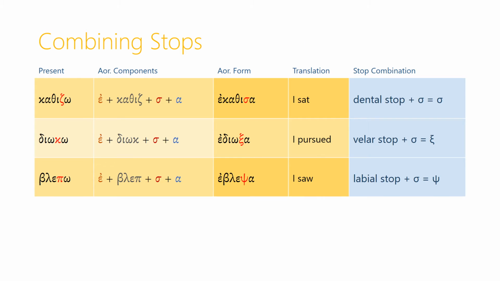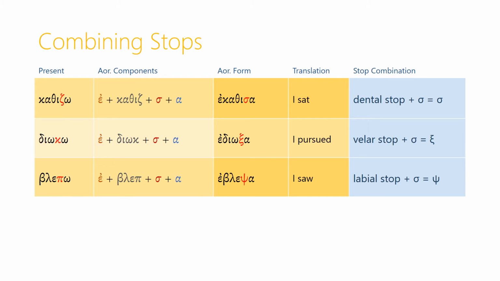Let's see now how this works in practice. If we take the verb kathidzo, I sit, the present stem is kathids. But when the zeta at the end of the present stem runs up against the sigma tense marker, the zeta is absorbed by the sigma, and we just have the aorist form ekathisa, I sat. Why?